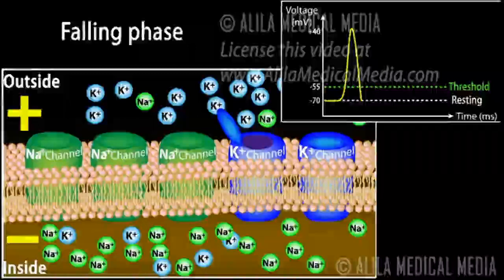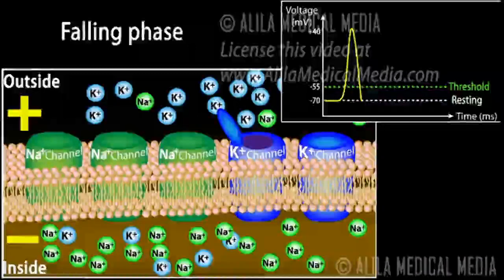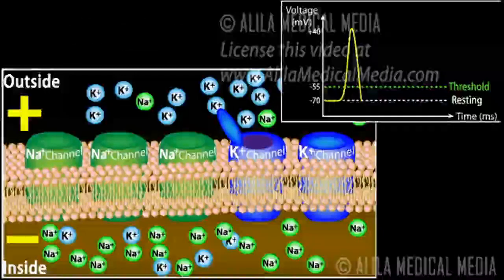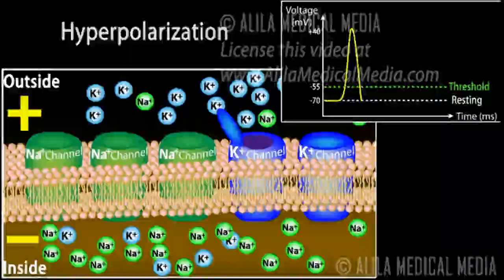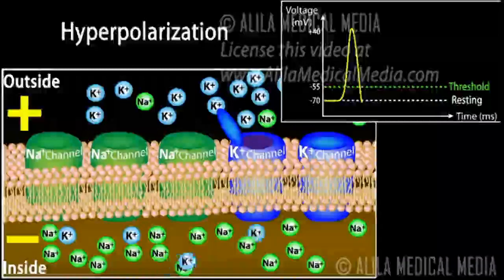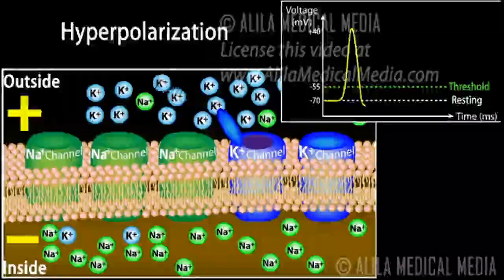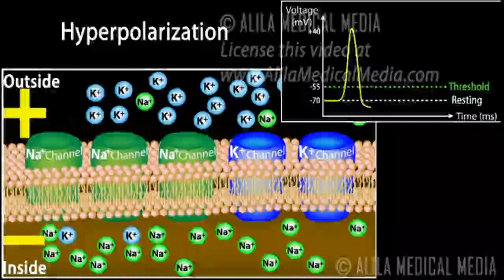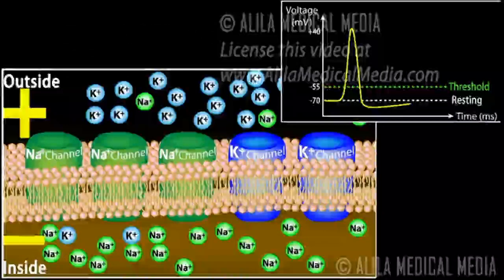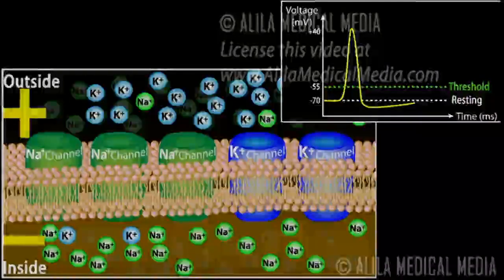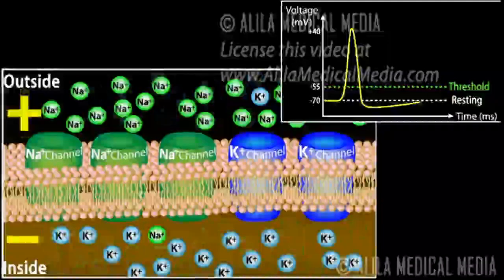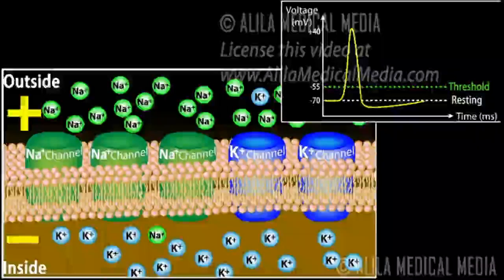Note that sodium and potassium have now switched places across the membrane. As the potassium gates are also slow to close, potassium continues to leave the cell a little longer, resulting in a negative overshoot called hyperpolarization. The resting membrane potential is then slowly restored thanks to diffusion and the sodium-potassium pump.